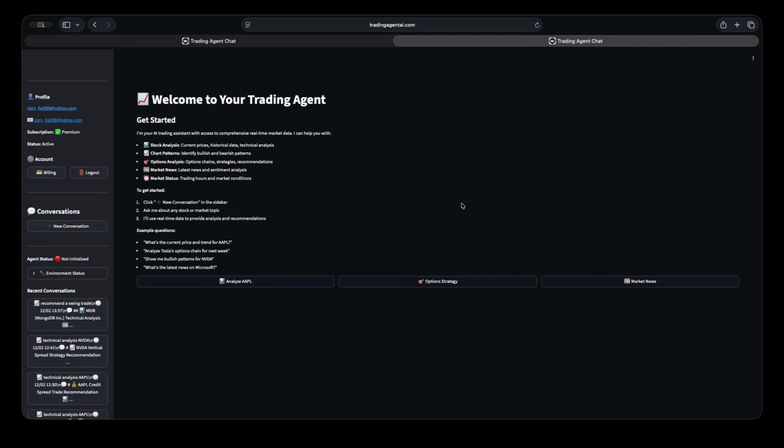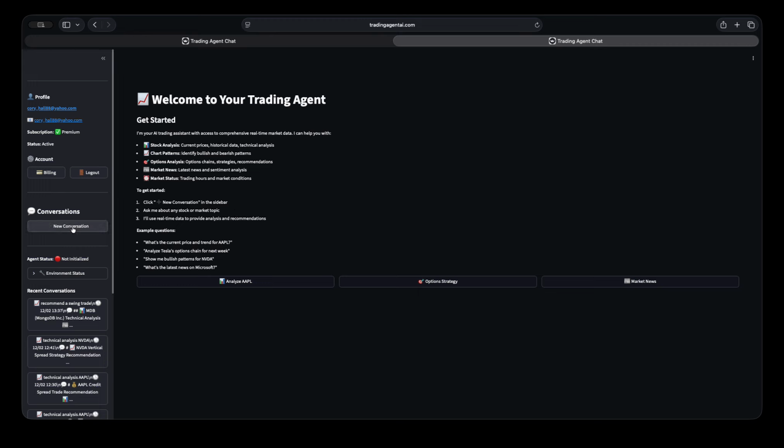So we're going to go over how to use the agent to start trading, getting the necessary information, learning about the different types of trading that you can do. And in this series, we'll discuss stocks and options. So let's get started. So here we are at the main screen of our trading agent.